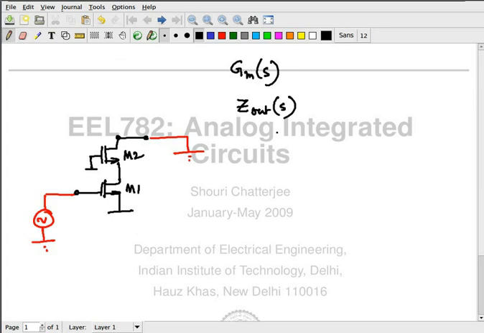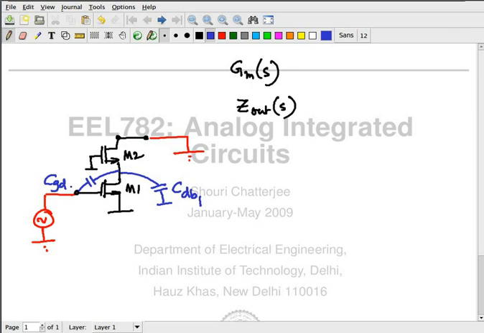Body to drain is significant, and gate to drain is significant. Okay, so this is the first step.